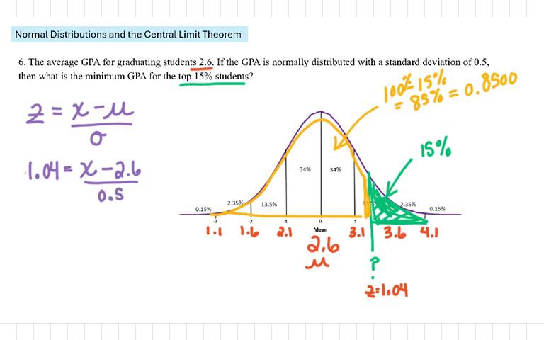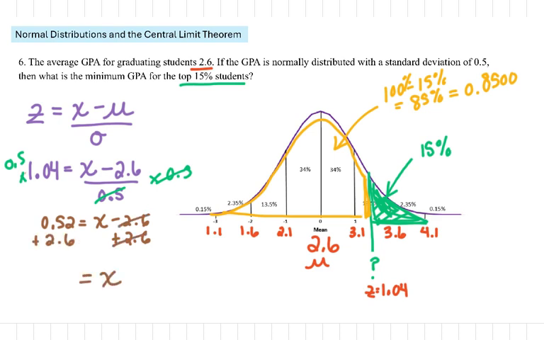So we'll do a little bit of algebra, multiply both sides by 0.5. Okay, that cancels. We get 0.52 is x minus 2.6. We'll add 2.6 to both sides. Your calculator can do the algebra for you, but here we go.